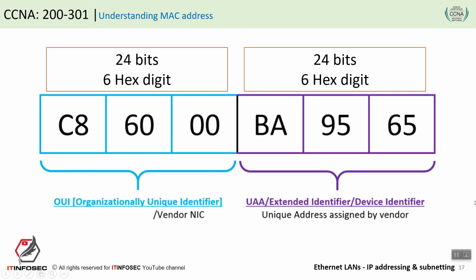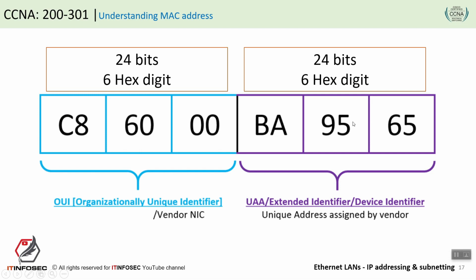But coming to the MAC address, the MAC address is a unique address for each network card that is assigned by the network card manufacturer. It contains 12 hex digits, divided in 2 parts. The first 6 hex digits are known as the OUI, Organizationally Unique Identifier, which is assigned by the IEEE organization to the network card manufacturer.